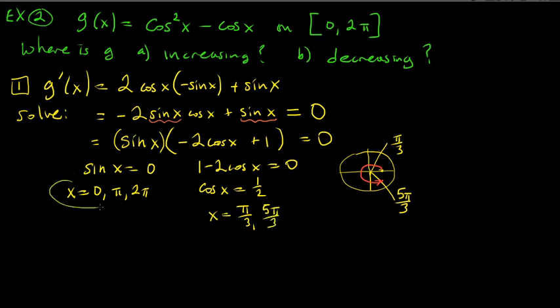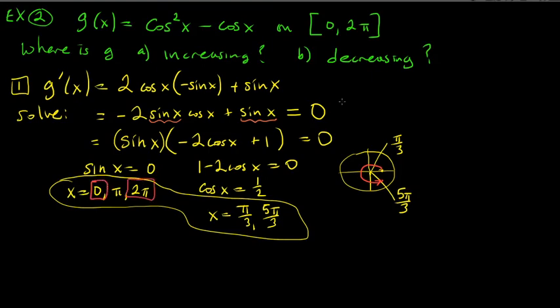So altogether, it looks like we have 5 critical numbers. However, notice that the 0 and the 2 pi are the endpoints. There's nothing to the right of 2 pi, there's nothing to the left of 0. Of course there are numbers bigger than 2 pi, but we're not considering those.